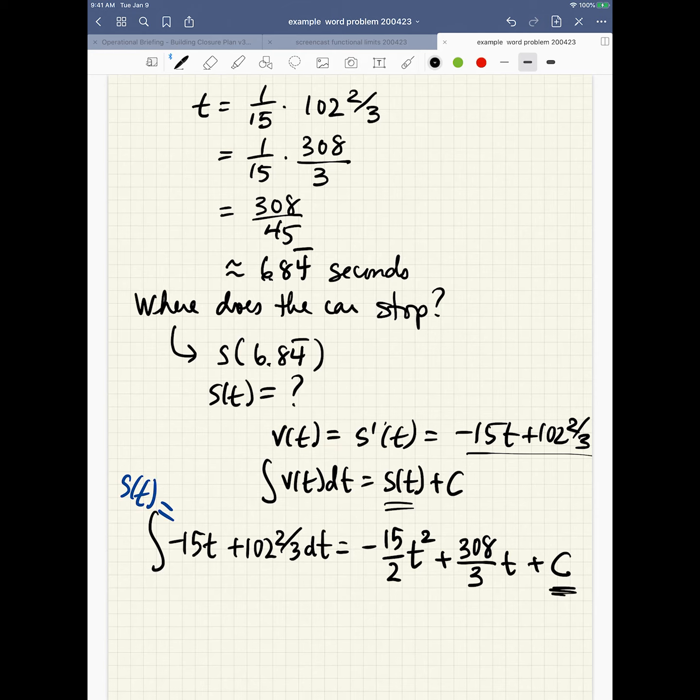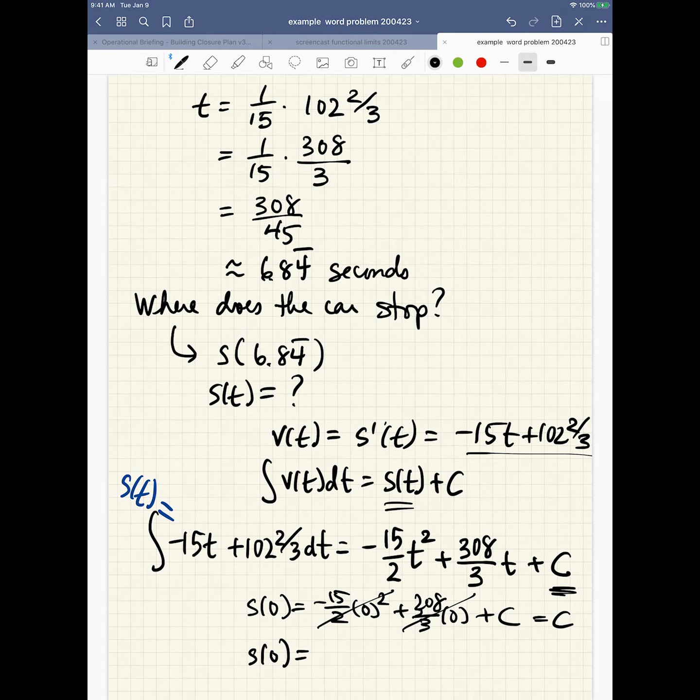So on the one hand, I know that S of 0, if I plug in 0 to my formula, I get this. And so the first term goes away, the second term goes away, and I'm only left with C. On the other hand, what do I know about my position when I put on the brakes?